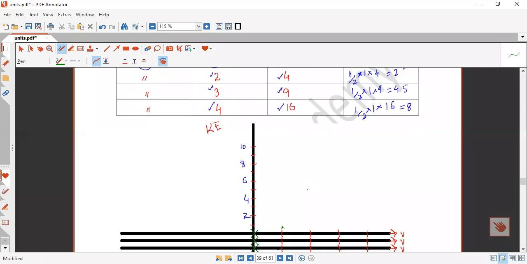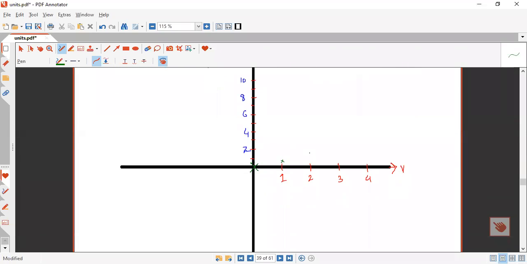It was 2, right? So somewhere here is going to be the third point. And when the velocity was 3, kinetic energy was 4.5. 4.5 is somewhere like here, right, students? So our next point is going to be here.